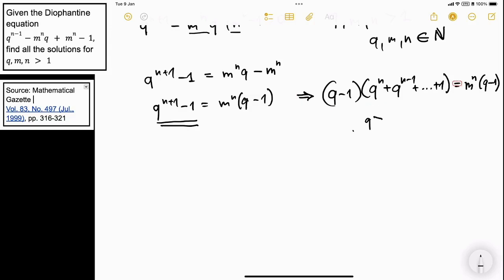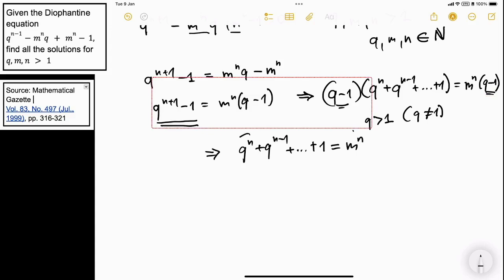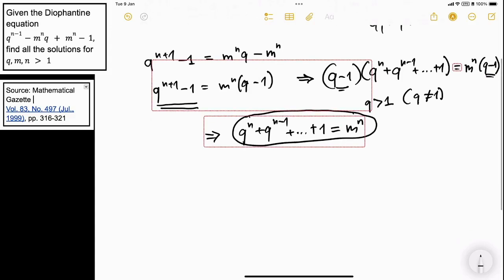Because q is more than 1, which means q does not equal 1, we can divide both sides by q minus 1, which gives q^n plus q^(n-1) plus etc. equals m to the power of n. So this is a Diophantine equation we now need to solve.